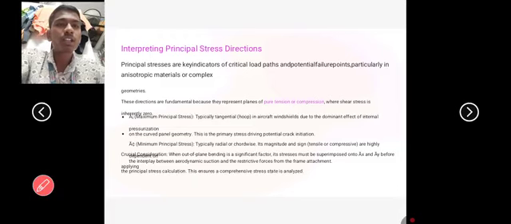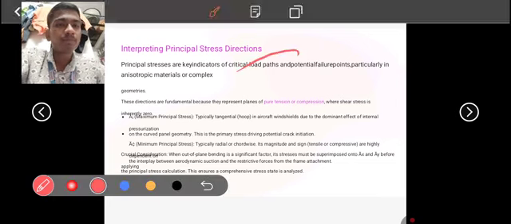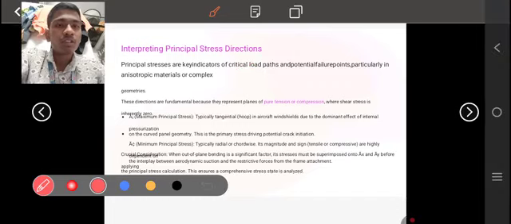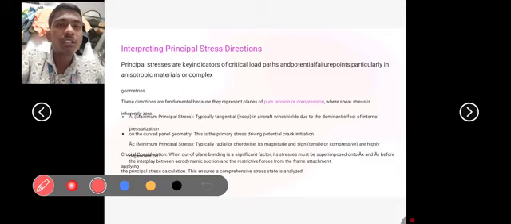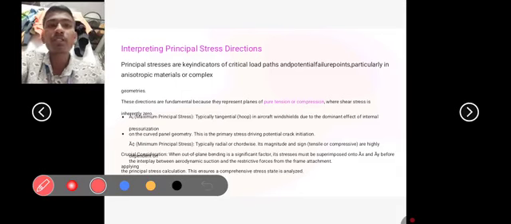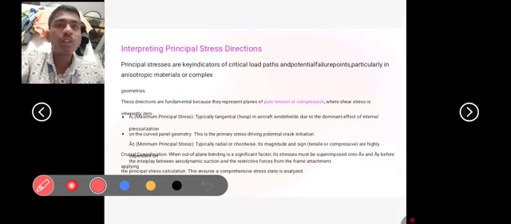Principal stresses are key indicators for critical load paths and potential failure points, particularly in anisotropic materials or complex geometries. These directions are fundamental because they represent planes of pure tension or compression where shear stress is inherently zero.